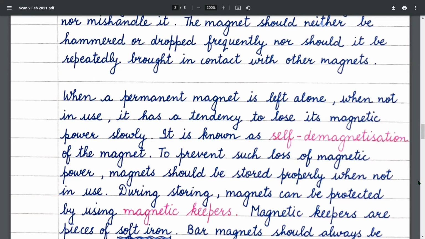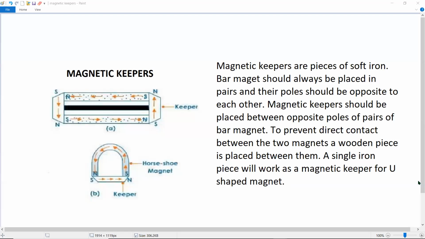To prevent such loss of magnetic power, magnets should be stored properly when not in use. During storing, magnets can be protected by using magnetic keepers. Now, children, what are magnetic keepers?